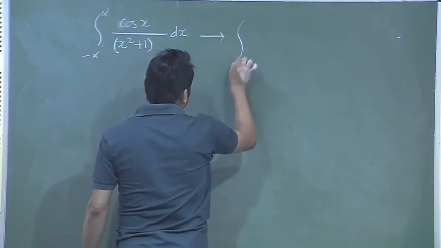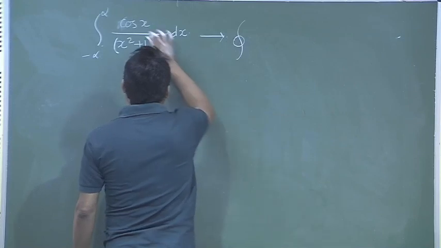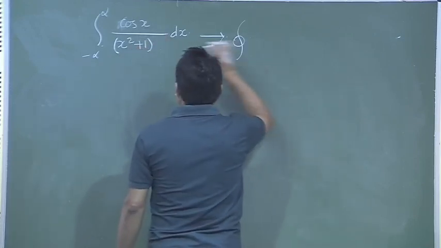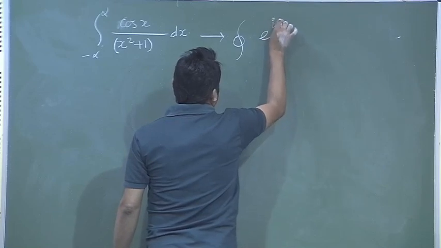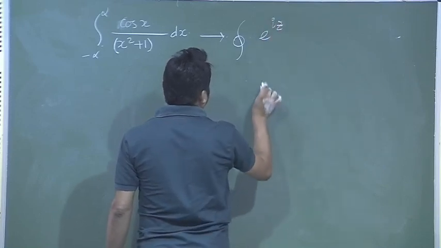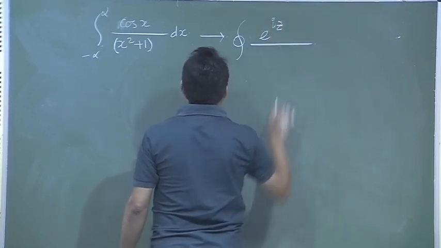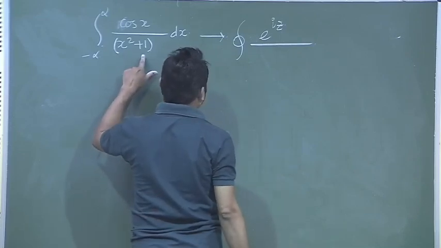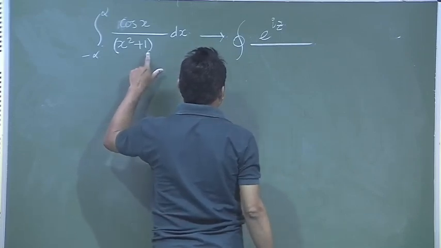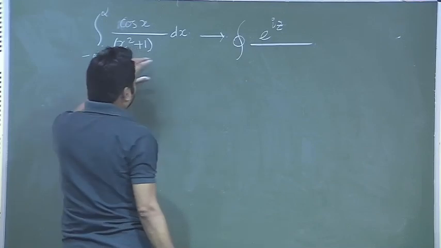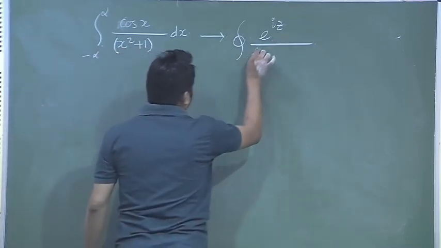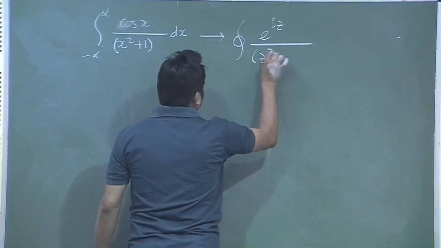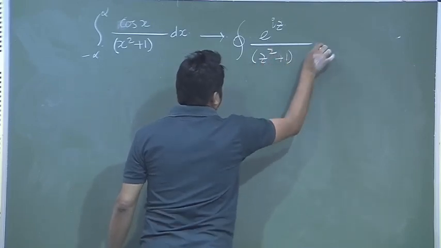So, when I convert to a complex form, cos x I will write as e to the power of i z divided by z square plus 1 dz.